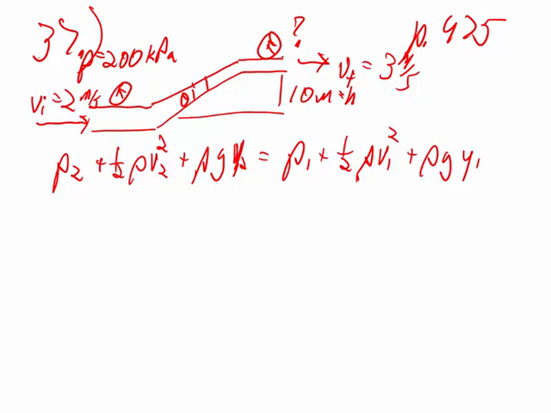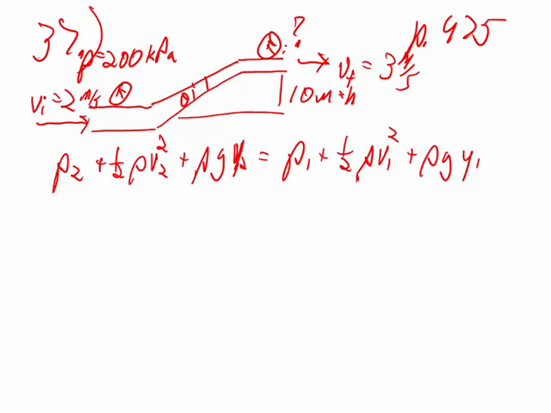The final pressure is dependent on its initial pressure and velocity and its final velocity. So that's basically what he's trying to tell us. So what are we trying to get? It says, what will the top gauge read? So what will this gauge up here read?